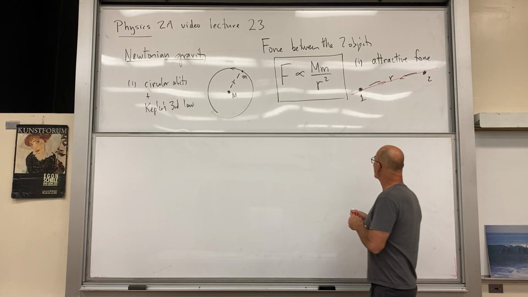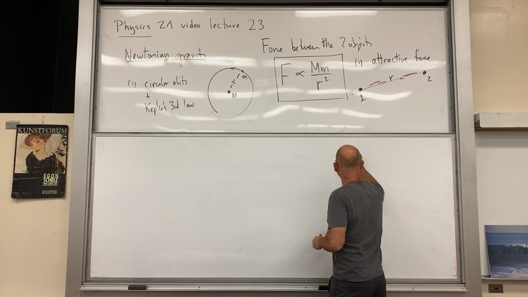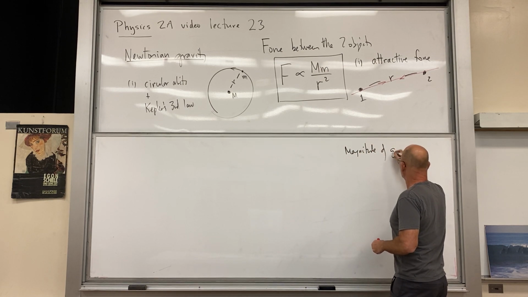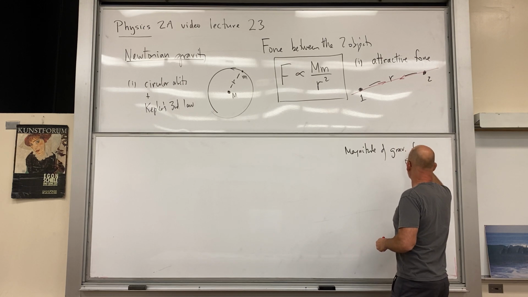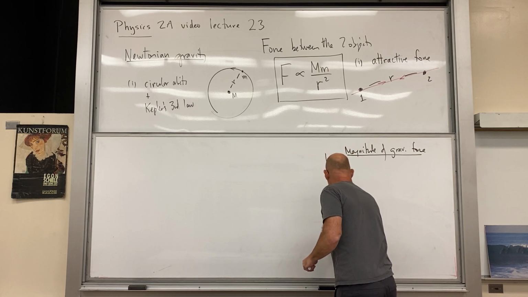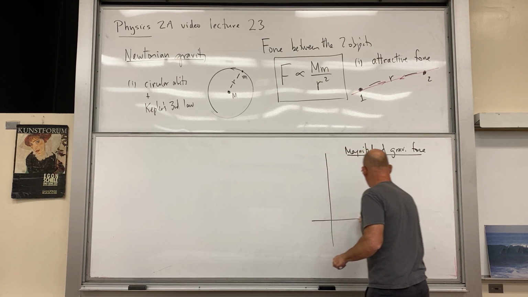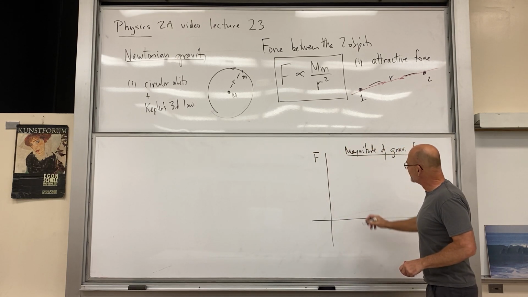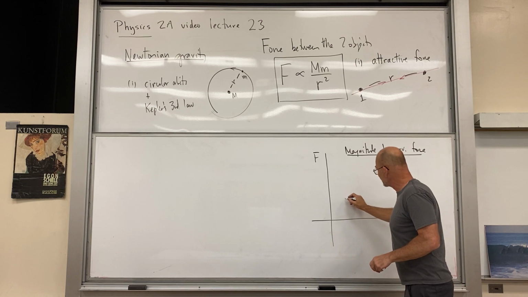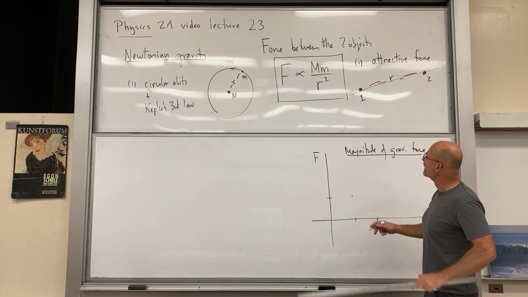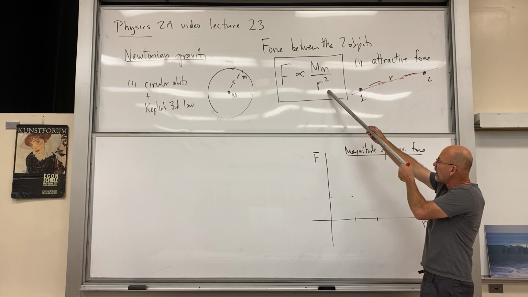So I can graph the magnitude of the gravitational force. And if I graph this, there's the separation distance and there's the force, then it is decreasing. So if it has a certain value at a certain distance here, then if I double that distance, I'm going to put 2r and square it.